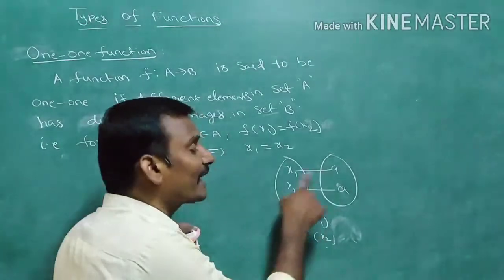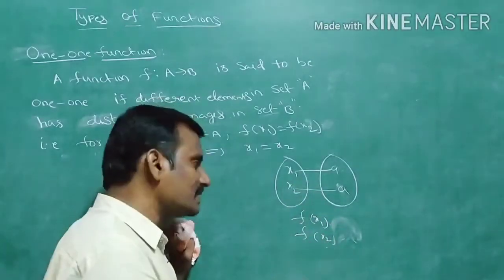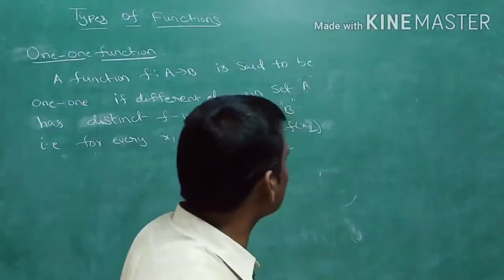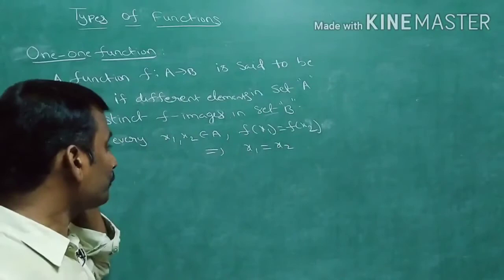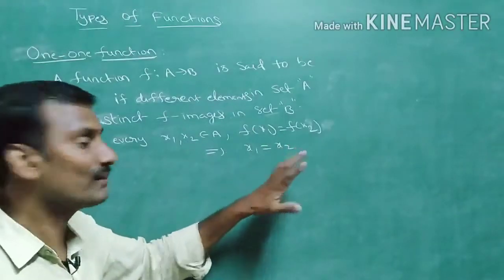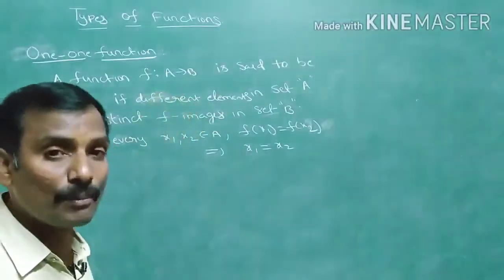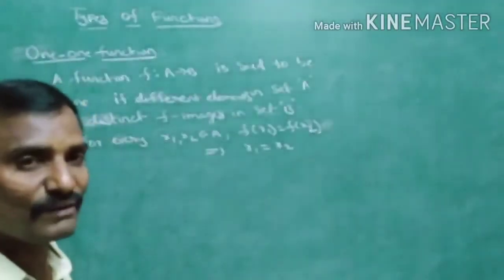That means x1 is equal to x2. In this case, function f is one-one. If f of x1 is equal to f of x2 implies x1 is equal to x2 for all x1, x2 belonging to the domain, it is the one-one function.